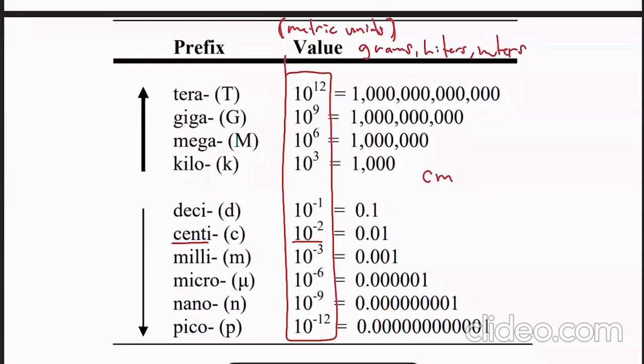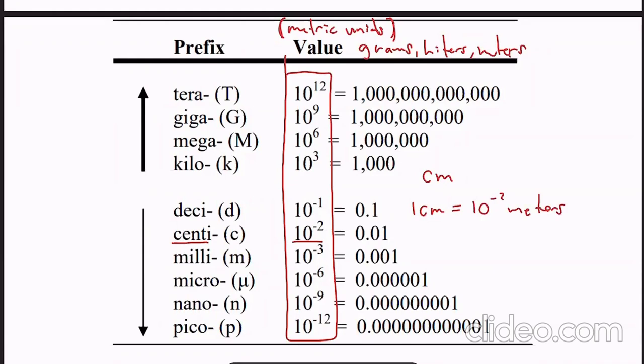So if I wanted to know how many meters are in a centimeter, this is how I would write it. I would say that 1 centimeter is equal to 10 to the minus 2 meters, and not the other way around.